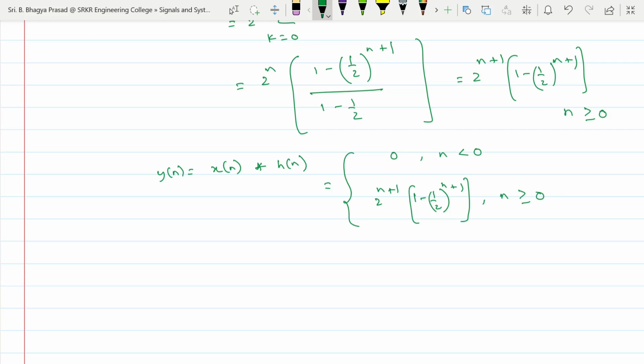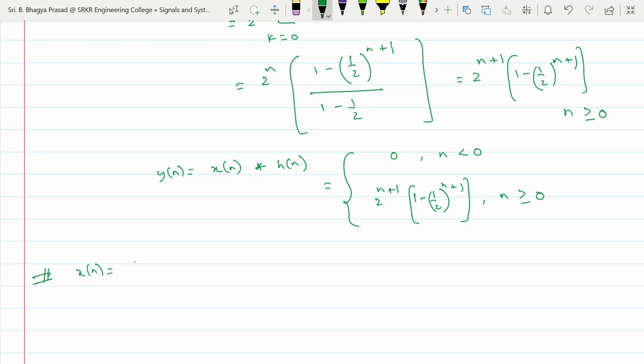So this is the output, the convolution output for the given two functions x of n and h of n. Like this you can solve the convolution between any two sequences with the above procedure. Let me discuss another one.